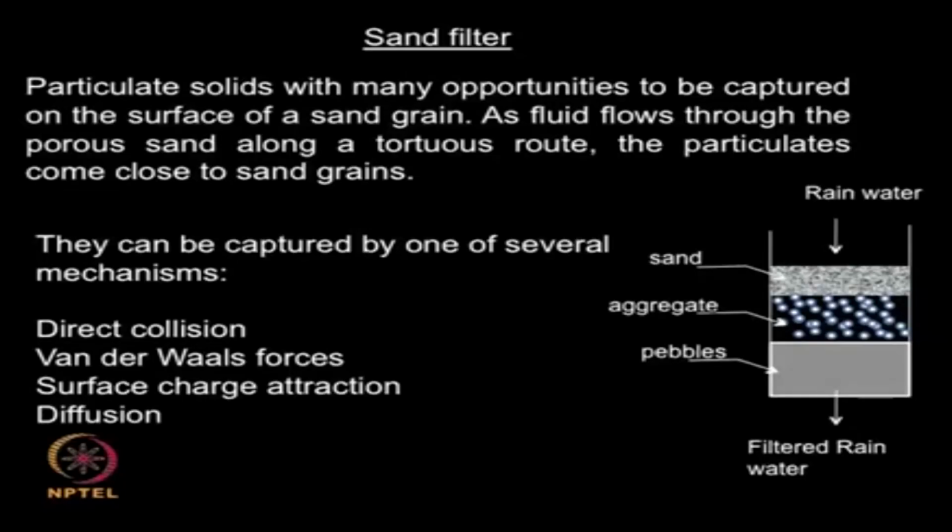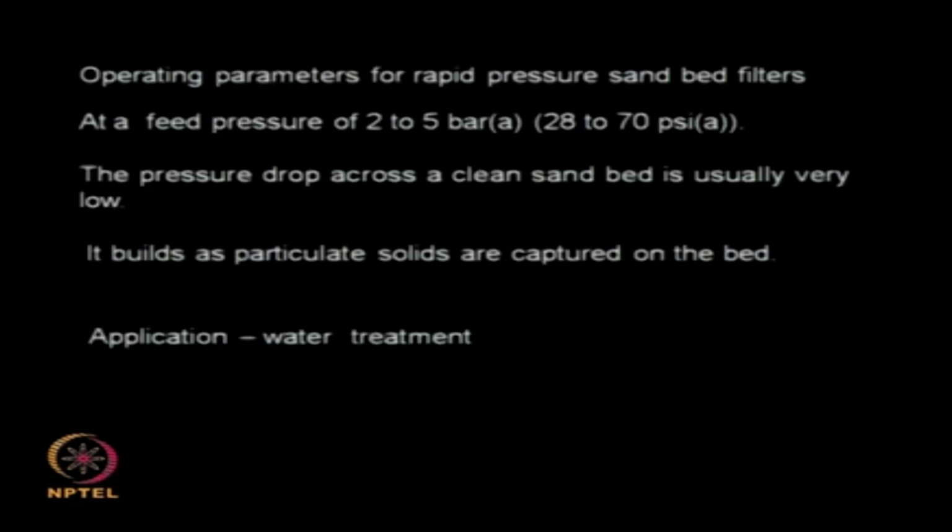You do not need to spend any money on chemicals or on utilities and services, and mostly they operate under gravity. So you are feeding the liquid or water from the top, and because of gravity it flows down, and then it flows downstream into various locations or points in the plant. So that is the main advantage of these depth filters.